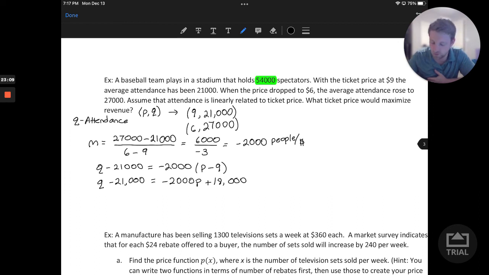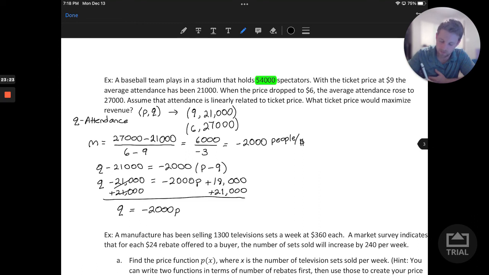If we add 21,000, we can say that Q, the quantity, is negative 2,000 times P plus 39,000. So that rounds out our linear function in terms of price.